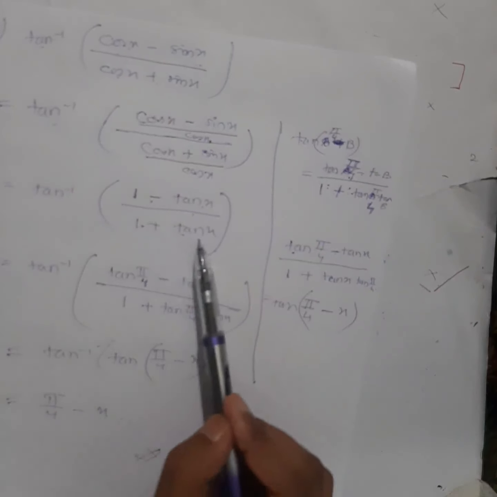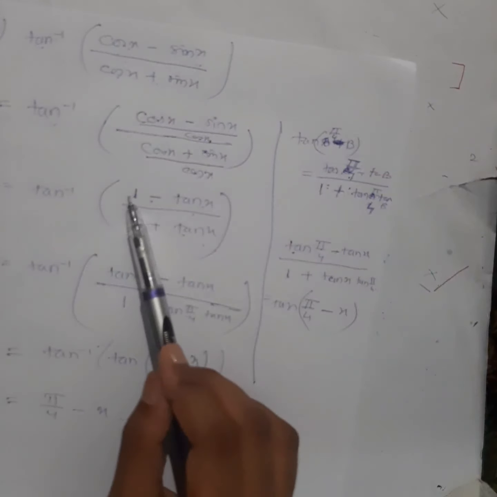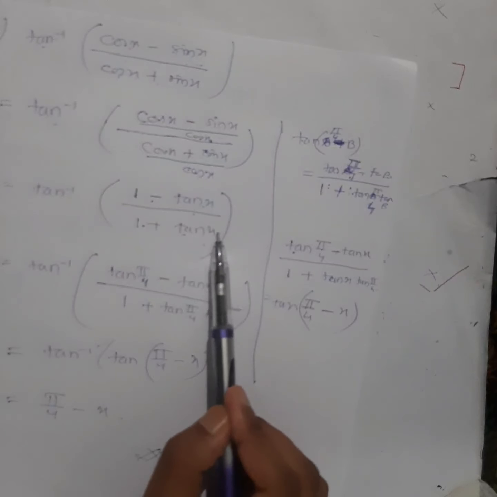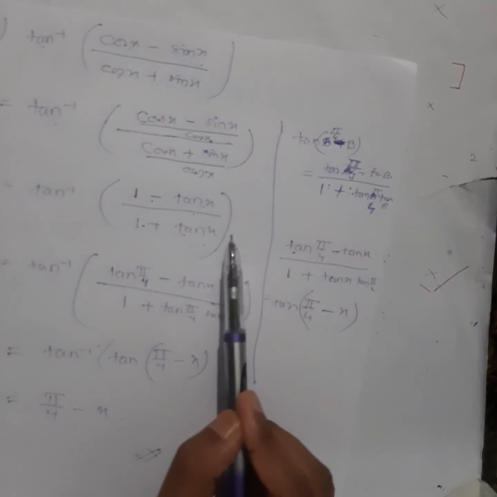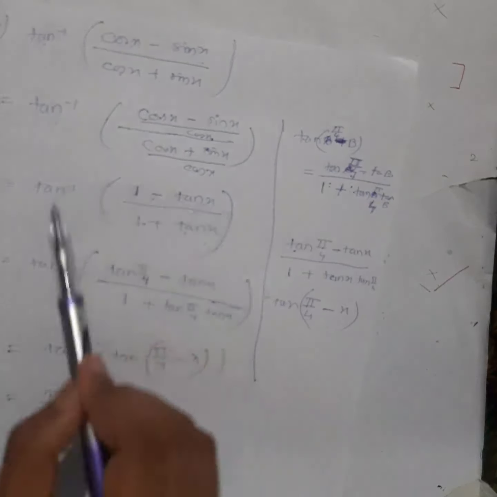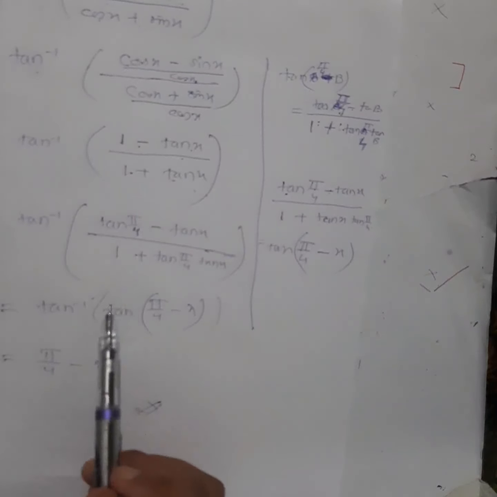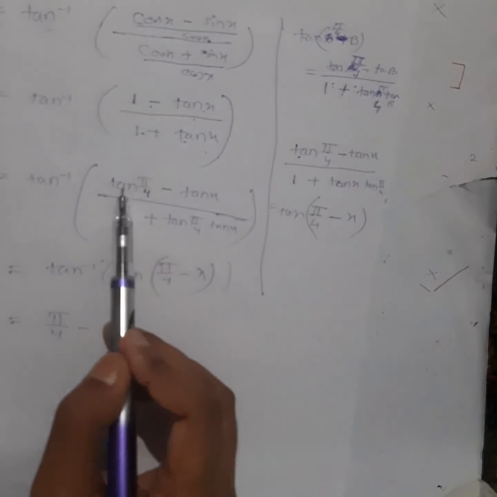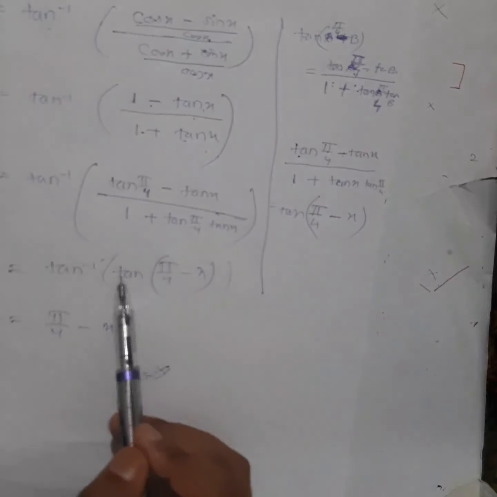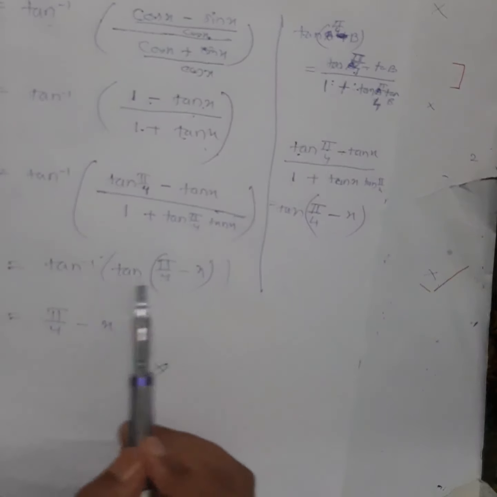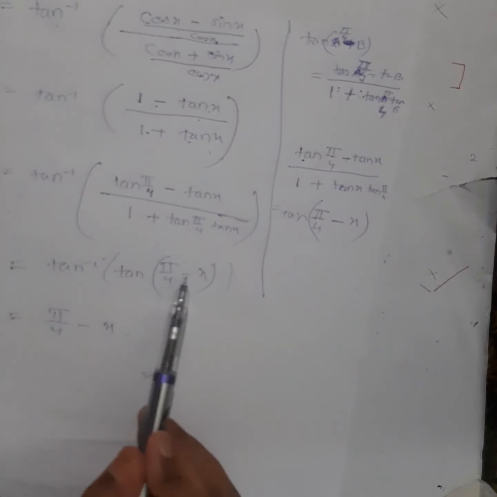Now this is tan a, tan b. If this a is pi by 4, in place of 1 I can write tan pi by 4, so that becomes this only. Then use the identity tan(a minus b), tan inverse and tan are gone. This is your answer.